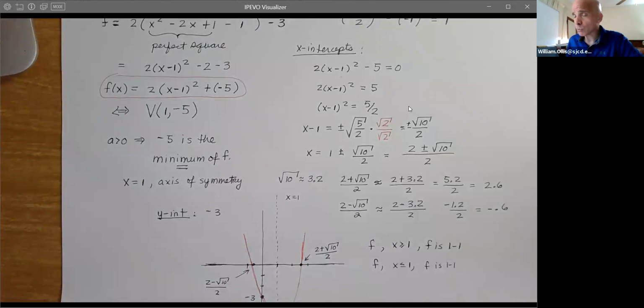So WebAssign may give you a couple of restrictions and say, pick one which makes f 1-to-1. And you probably will have already computed the vertex. And so you can just say, okay, well, that one's right, but that one doesn't make any sense. So restricting a domain to make a function 1-to-1 is a common technique in mathematics.